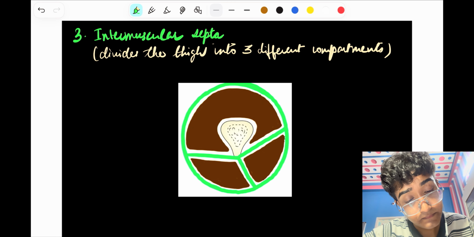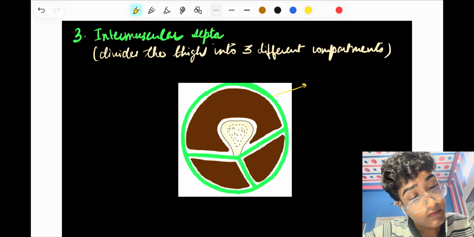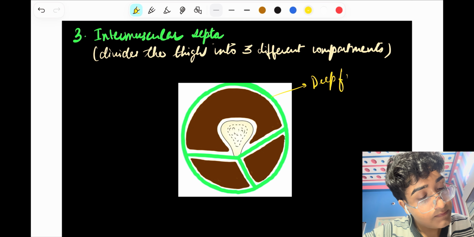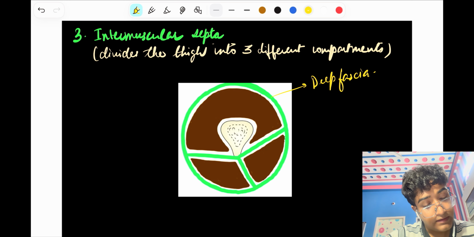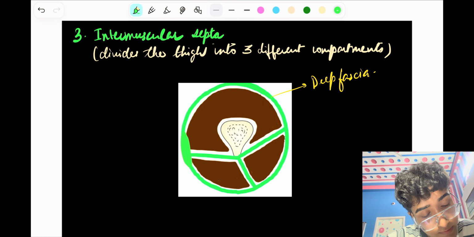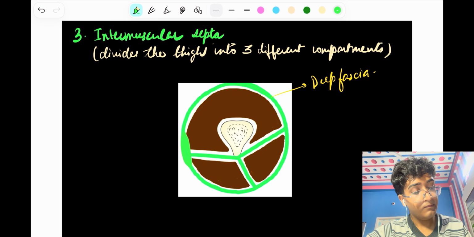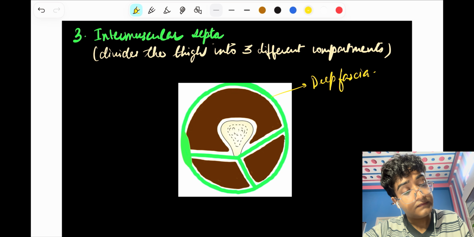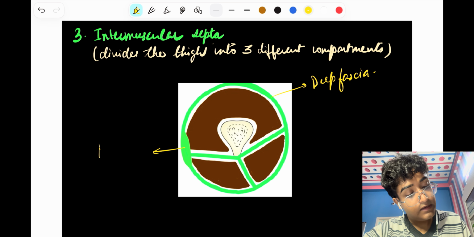This is the deep fascia, and let us take the example. This side is your lateral side. Laterally we have the iliotibial tract.